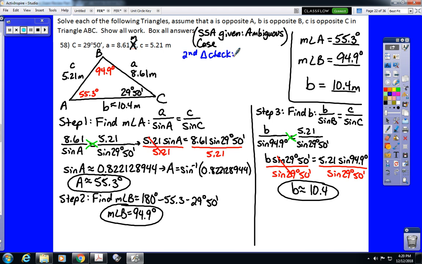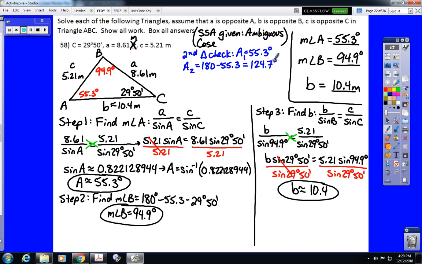The first angle we found was angle A. Angle A was 55.3 degrees. That is now going to be called A1. This is because there might be an A2. A2 would be 180 minus 55.3, the supplement, which would be 124.7 degrees.